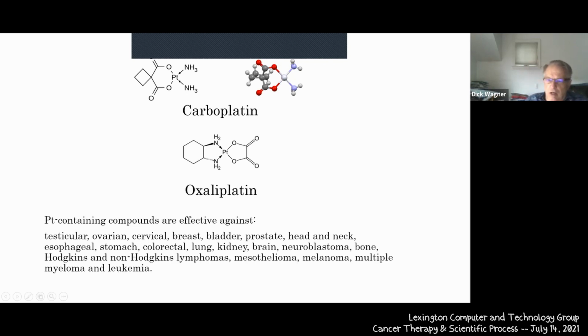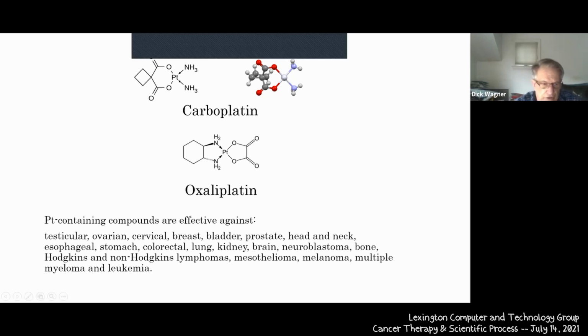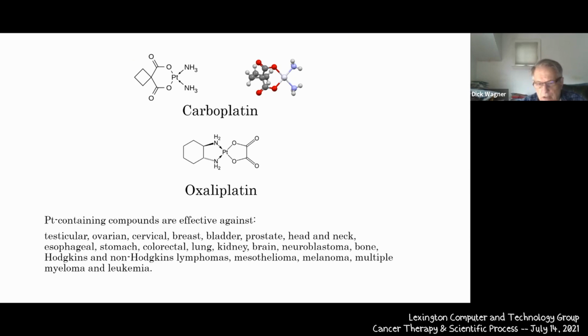It is so common that today these chemical compounds have been found to be effective against testicular, obviously is an important one, ovarian, cervical, breast, bladder, prostate, head and neck, esophageal, stomach, colorectal, lung, kidney, brain, neuroblastoma, bone, Hodgkin's and non-Hodgkin's lymphomas, mesothelioma, melanoma, multiple myeloma, and leukemia.